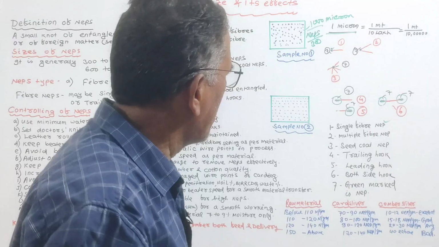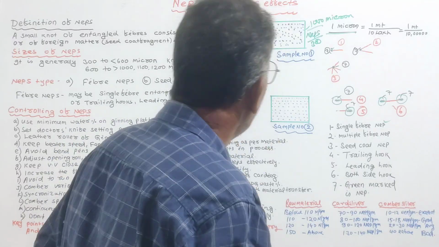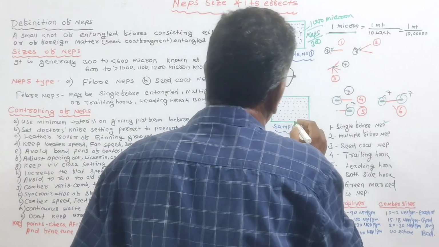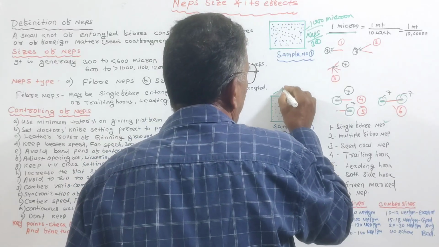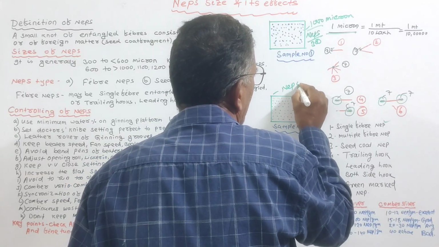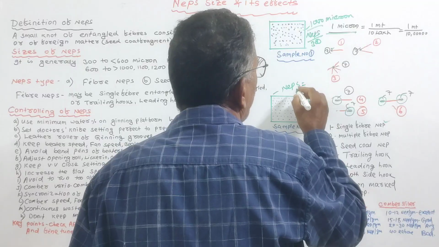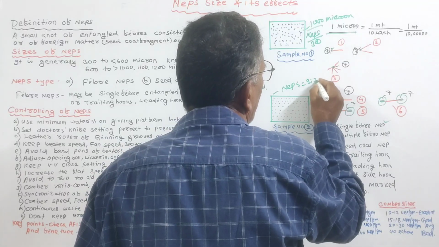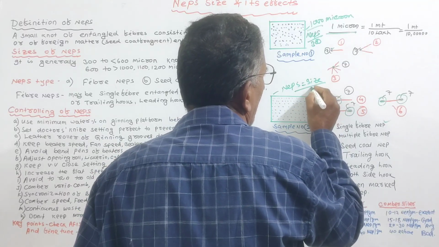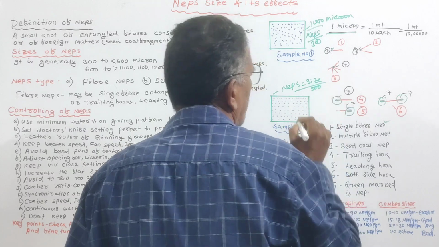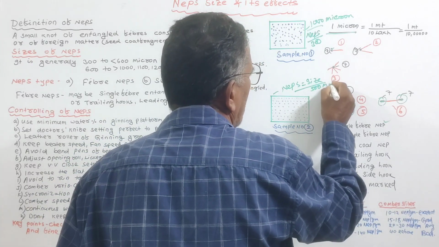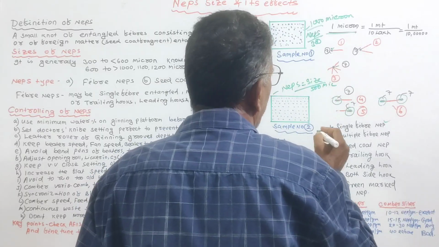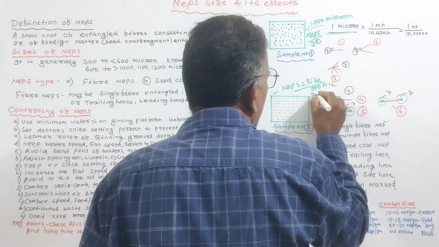Another fabric piece, the same size, 10 inch by 10 inch, where the nep size is suppose 500 micron, and the number of neps is 700.